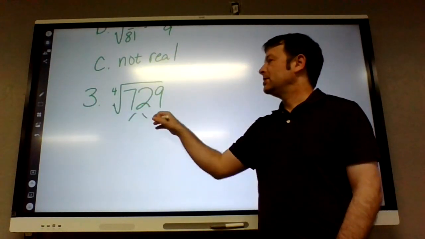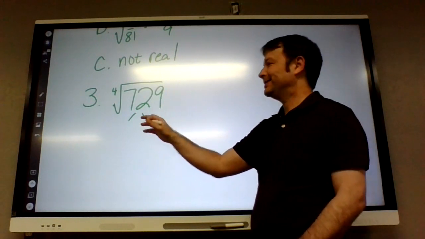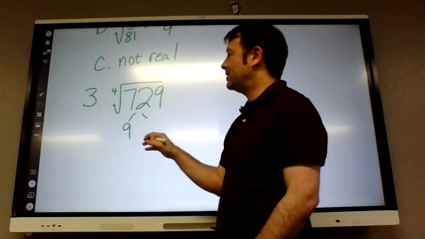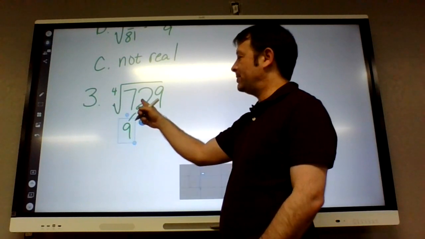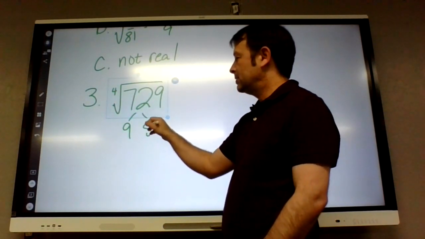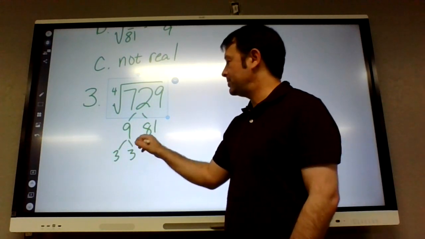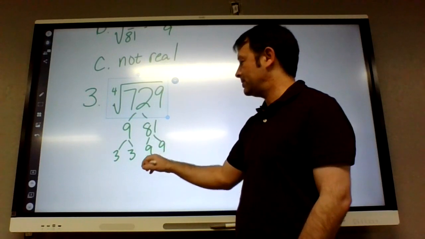The tree. So you got what goes into 729, like 9? So if you do 729 divided by 9, that would be 81. And you keep breaking it down until they're all primes. 81 is 9 times 9.